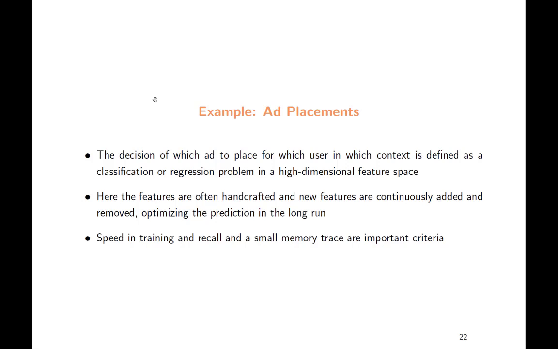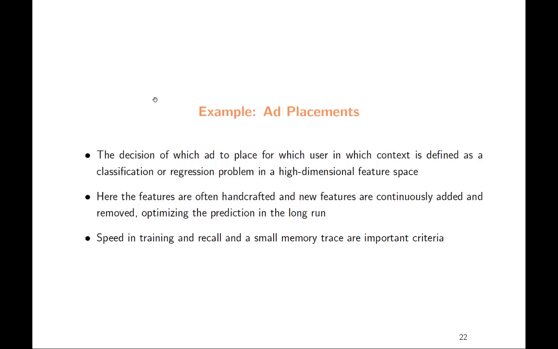Here features are handcrafted, so engineers in these companies always design new features. So maybe they use some features based on your personal profile. They use a feature derived from the search query you use to find this page, and maybe many other things.